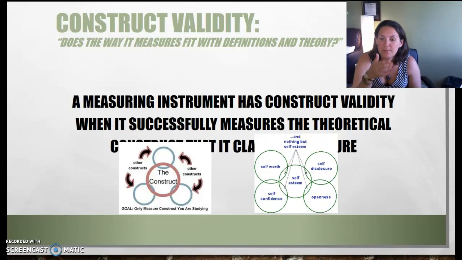For example, if we know that self-esteem, that's the picture down here, is about self-worth and self-confidence and openness and self-disclosure, but we only ask questions about self-esteem and we don't ask questions about those other things, then we could say it has low construct validity.